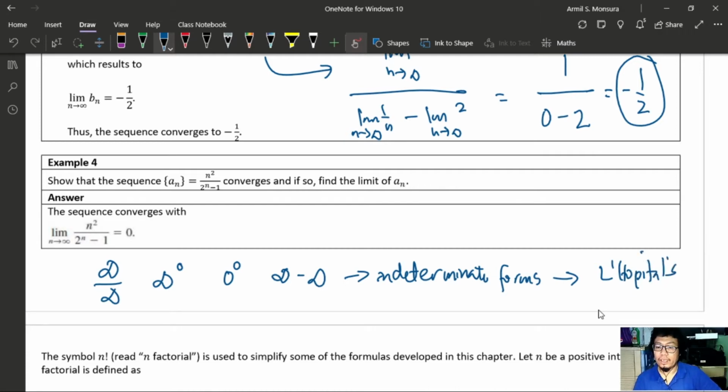And how do we apply L'Hopital's rule? Again, if you recall in your calculus, you take the derivative of the numerator. This is especially true for the indeterminate form that we are talking about. In that case, one way is to first change the form of your function.